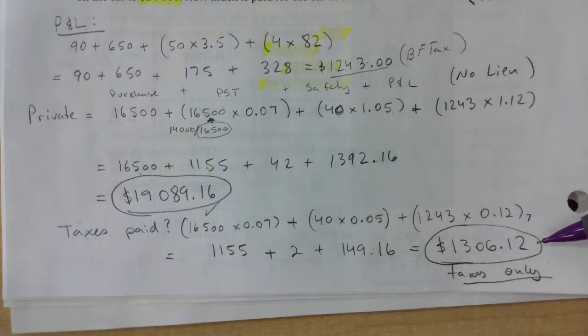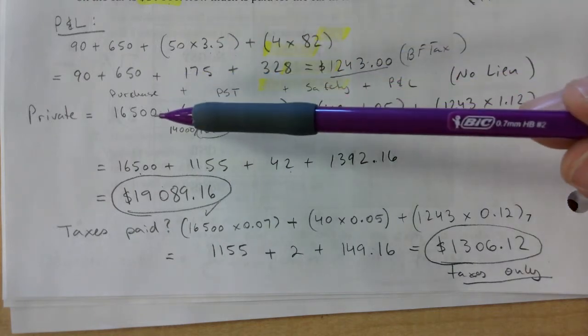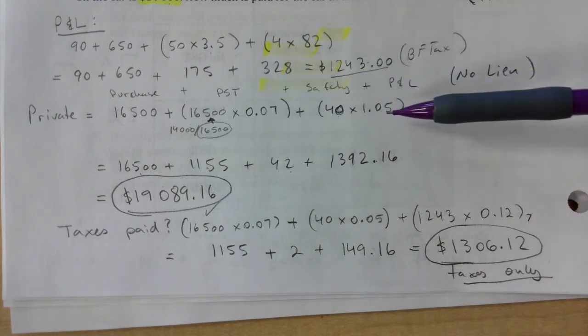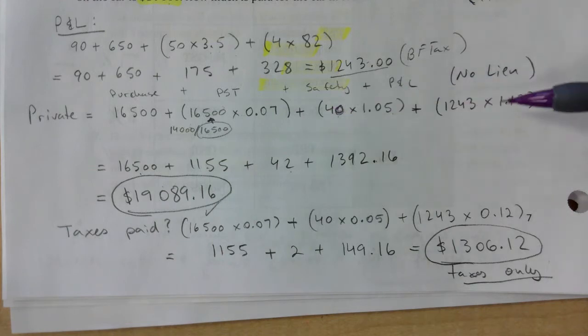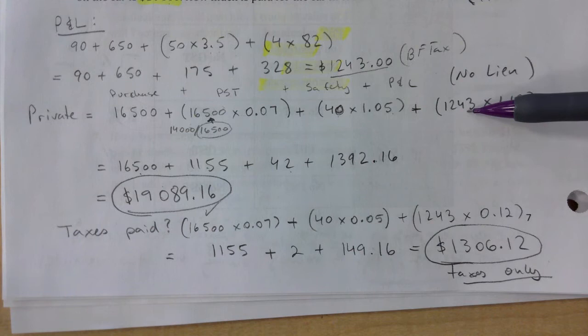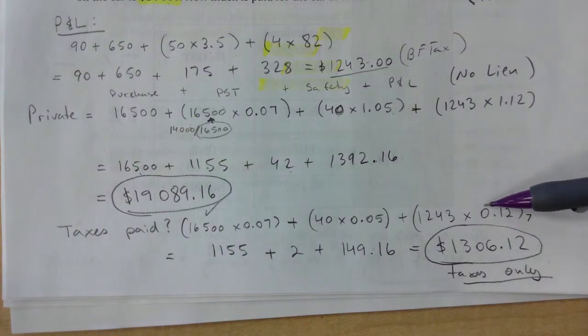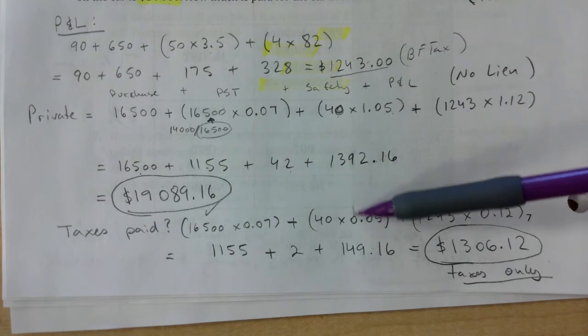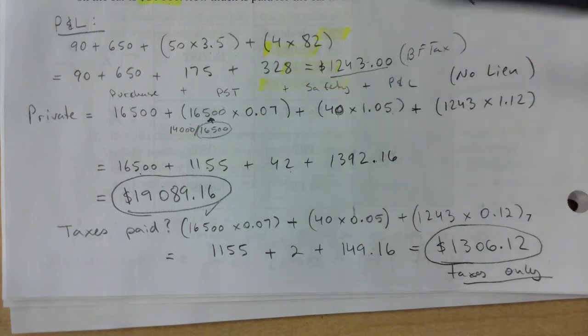But if they were to just ask us for taxes only, you would not include the purchase price, right? Like that would not go. You would just do the PST, the GST that's charged on the safety, and the 12%, right? PST, GST paid on the parts and labor. So you change this to 0. This one here goes to 0, right? And so forth.